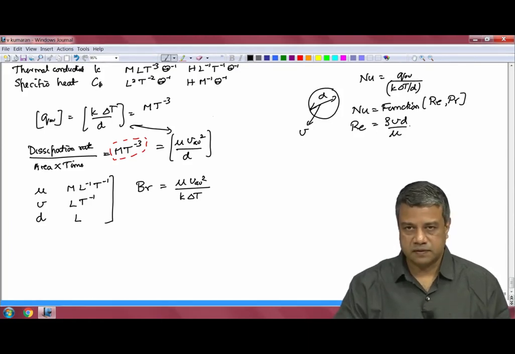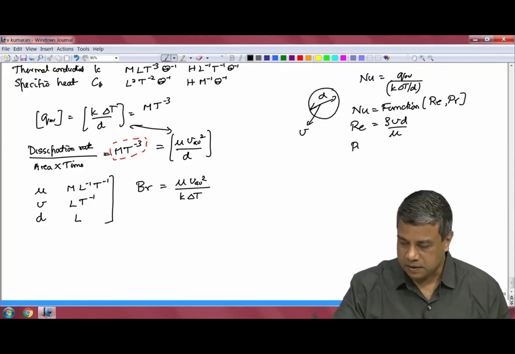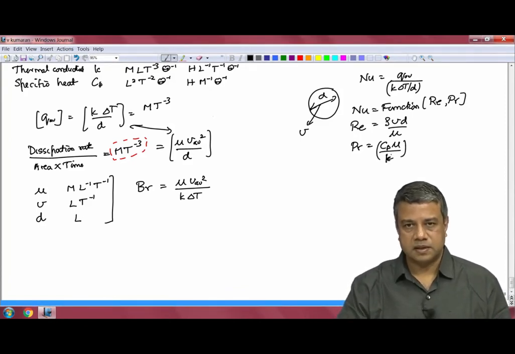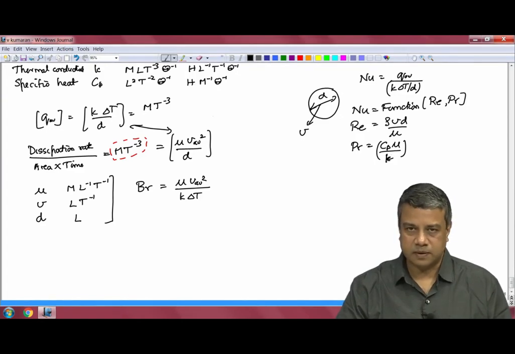where V is the velocity of the particle and the Prandtl number is equal to Cp mu by k. The Prandtl number is just a fluid property.